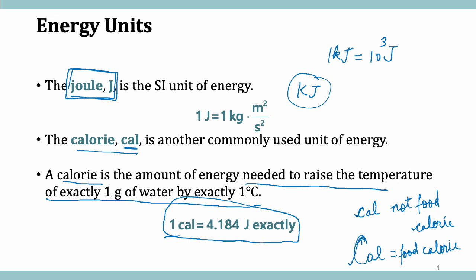Okay, and the difference between small calorie and capital Calorie is that 1000 small calories is equal to 1 capital Calorie. Okay, so that is the difference. Or you can say 1 kilocalorie, small calories, is equal to 1 capital Calorie. Okay, so the food calorie and this small calorie are slightly different in their units.